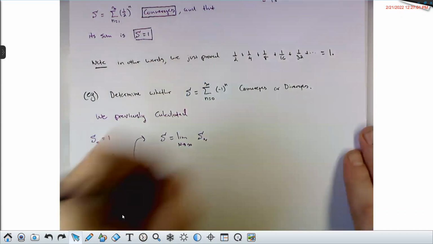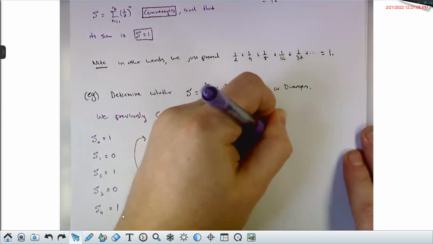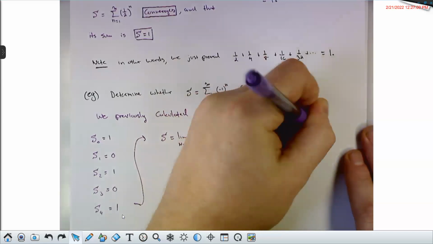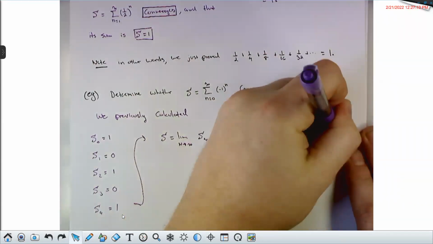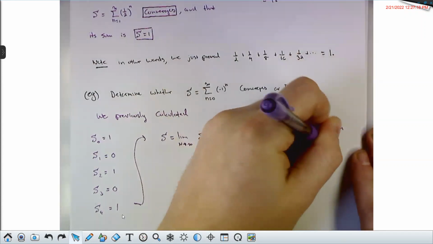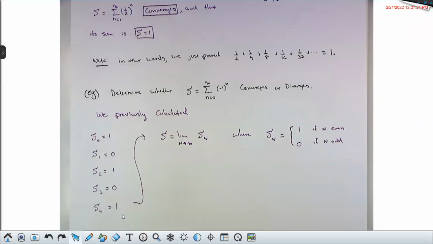Because we've just learned that, maybe I'll write it like this: Sn is 1 if n is even, and 0 if n is odd. I'm trying to take the limit of that thing.